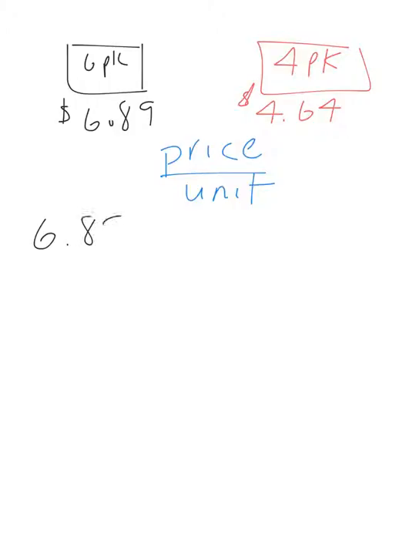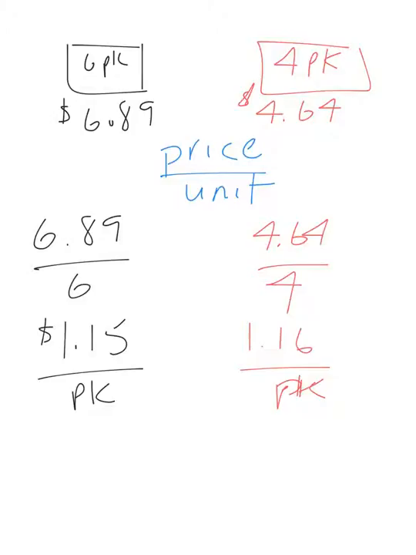So we have $6.89 divided by 6, and then we have $4.64 divided by 4. Once again, in this case, the bigger pack, at $1.15 each, is cheaper, so the 6-pack is going to be the better deal. It's not always this way.